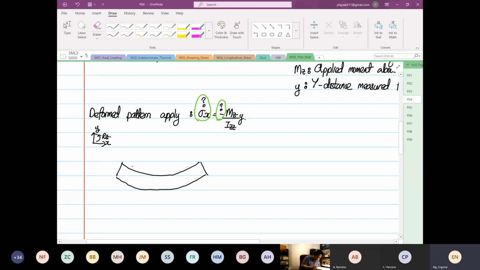Compression, right? At the top it is going through compression. Why? Because the arc circumference is smaller, right?